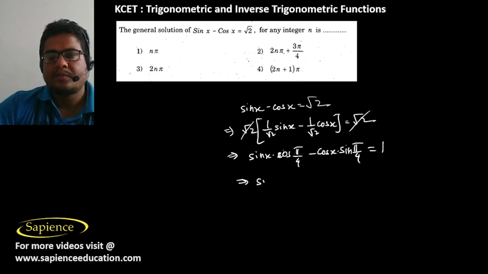Therefore, sin a cos b minus cos a sin b is sin(a minus b), so sin(x minus pi by 4) is equal to 1.